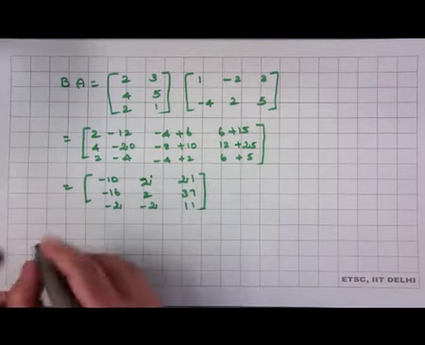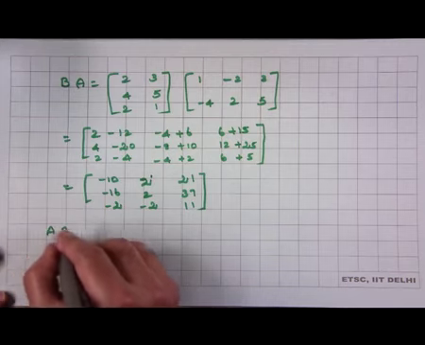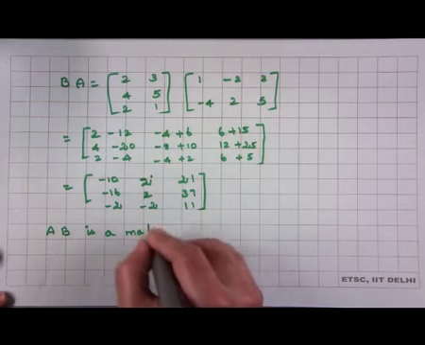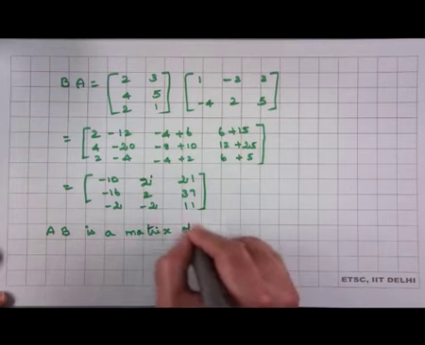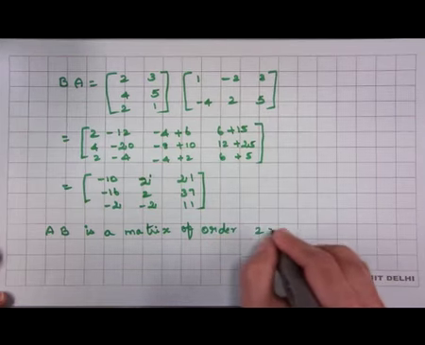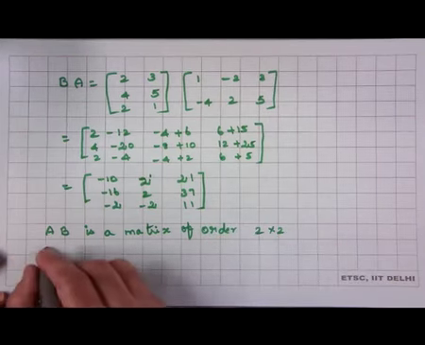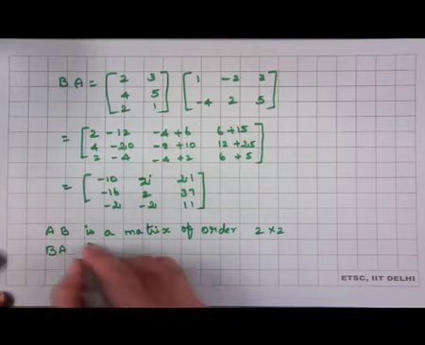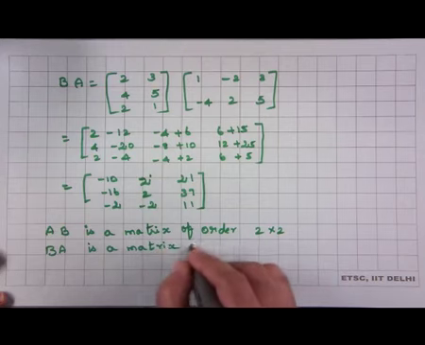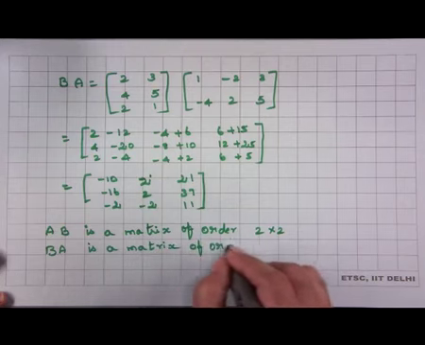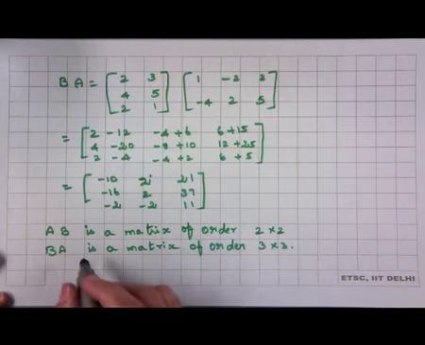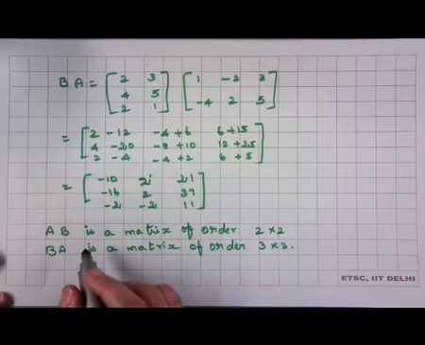You can notice the following, that AB is a matrix of order 2 by 2, while BA is a matrix of order 3 by 3, and also the entries of AB and BA cannot be matched.